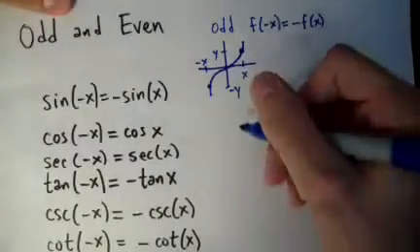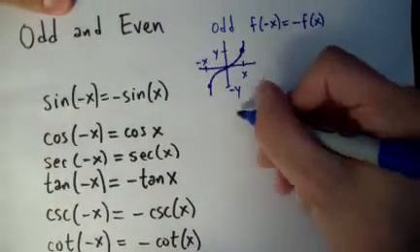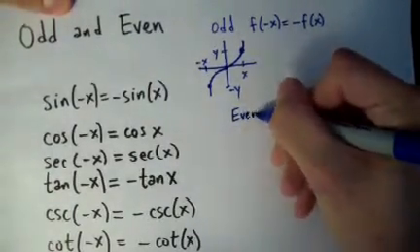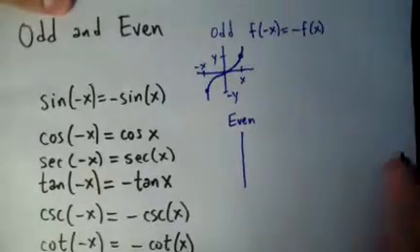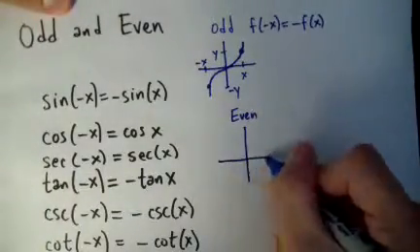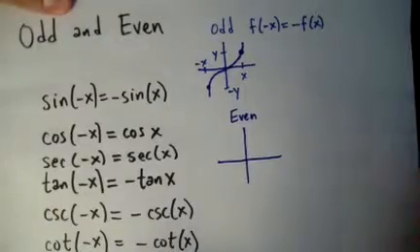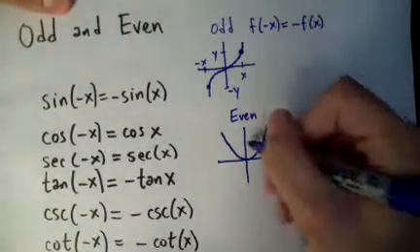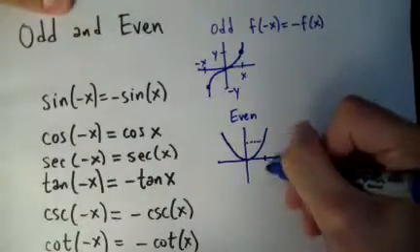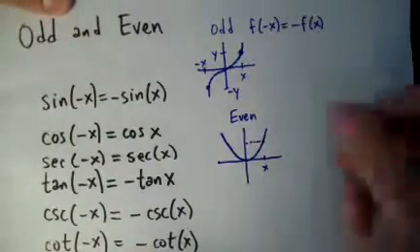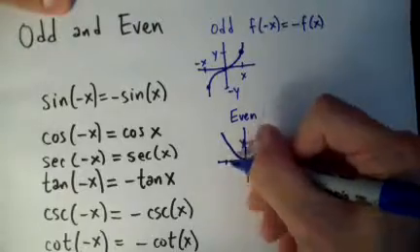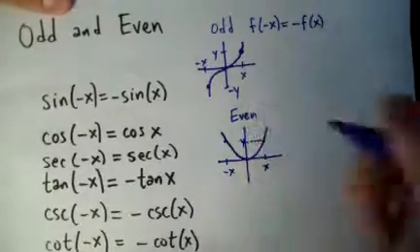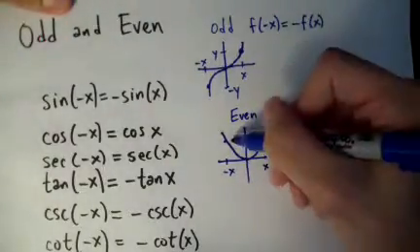And an even function's graph is symmetric about the y-axis. So you might think something like this. And so you can see that if x, y is on the graph, then minus x, y is also on the graph.